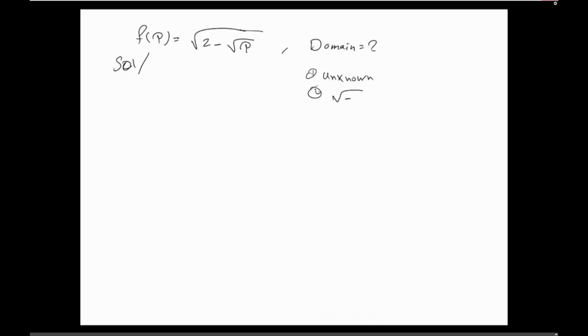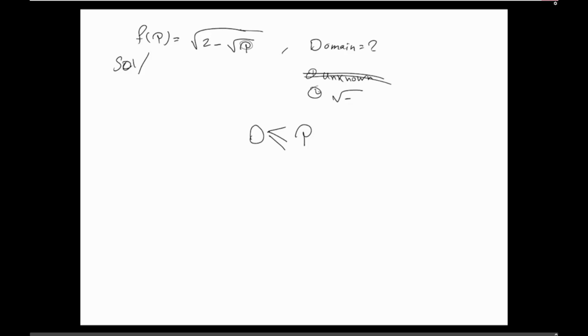If you look at this function, since we don't have a denominator, it's not possible to get an unknown value, but it is possible to get a negative square root. So if we look at p, we know that p must be bigger than or equal to 0, because if it's negative, then we're going to get the root of a negative number, which we don't want in our domain. So it must be either 0 or bigger than 0.